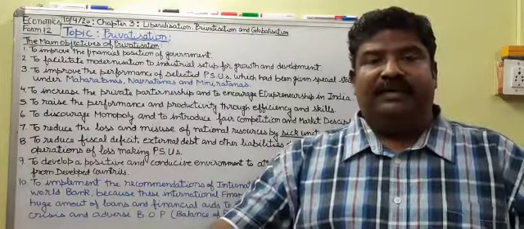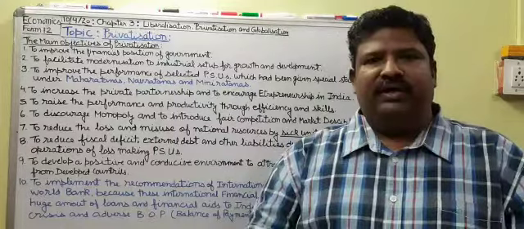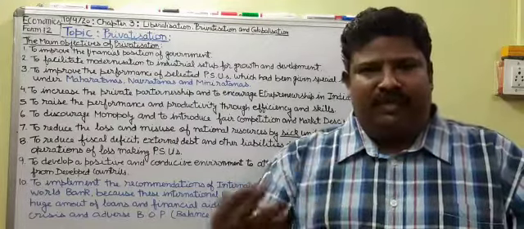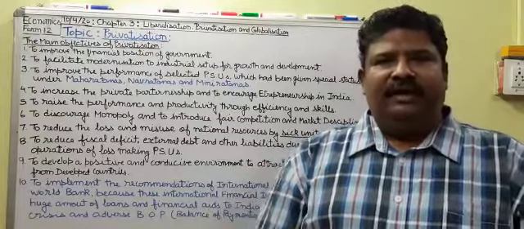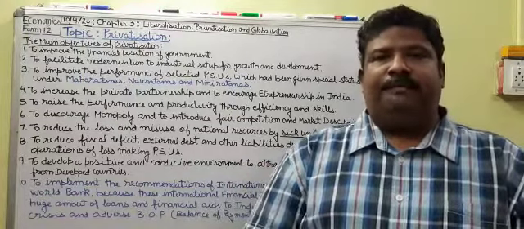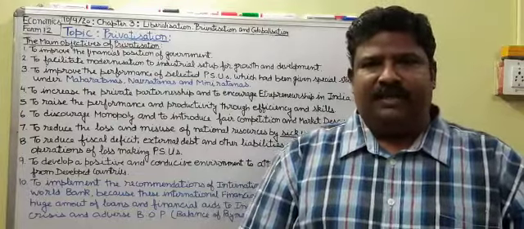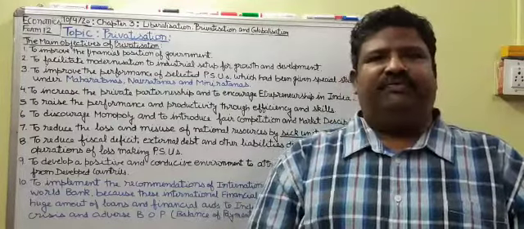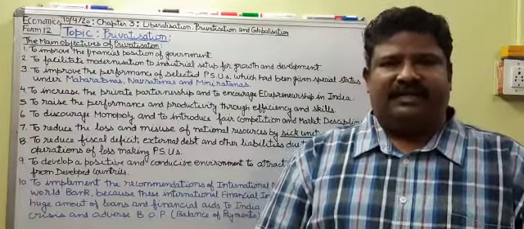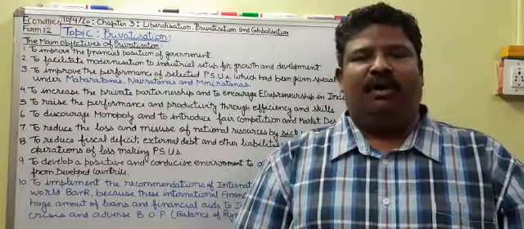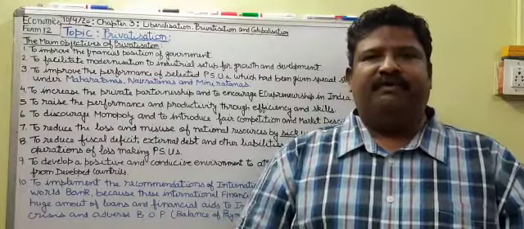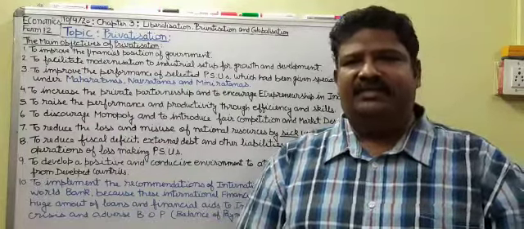So how to make them more efficient, how to give them some autonomy in managerial decisions and control, and to reduce political interference. Such public sector undertakings have been given special status with the names of Maharatna, Navratna and Mini Ratna.